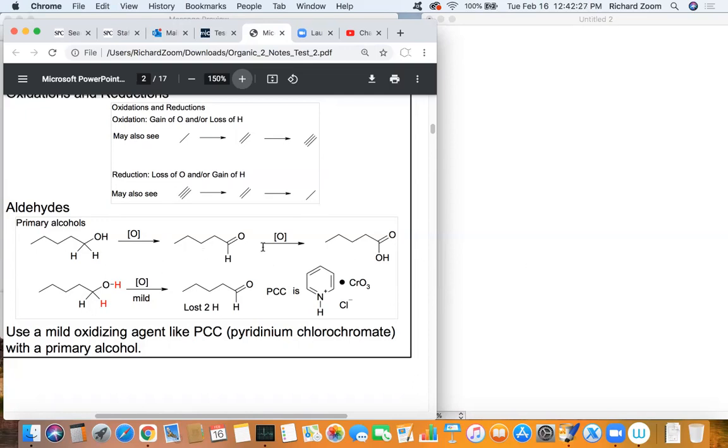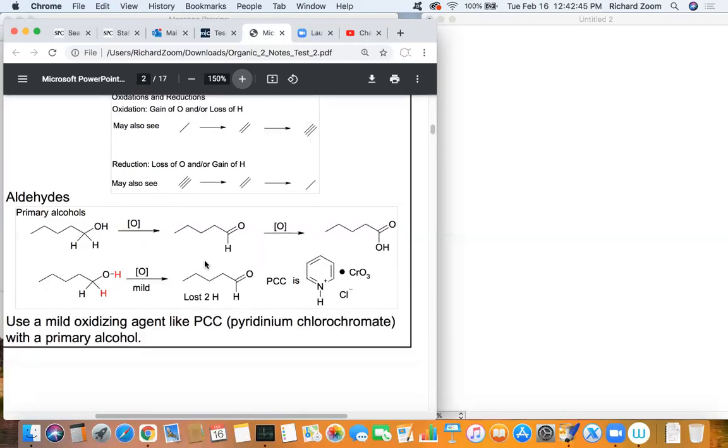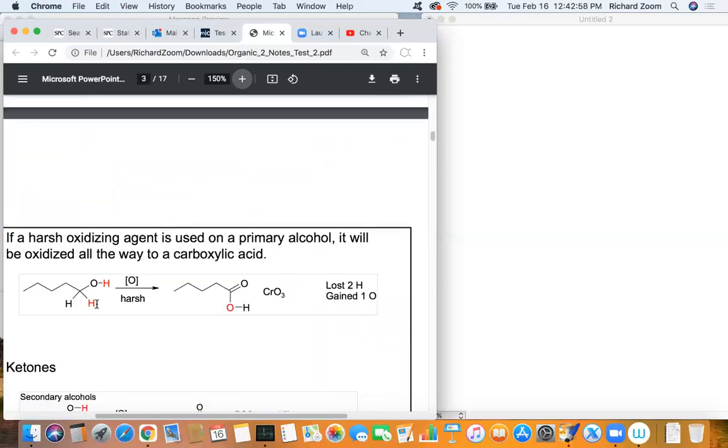So the magic here in forming the aldehyde is doing it in such a way that we just do one oxidative process and not two, because if we over-oxidize the aldehyde, it'll turn into a carboxylic acid, which isn't what we want. If we do it with a mild oxidizing agent like PCC, it'll stop here at the aldehyde. But if we use a harsh oxidizing agent like CrO3, it'll go straight to the carboxylic acid.